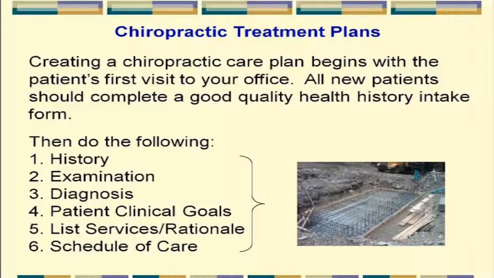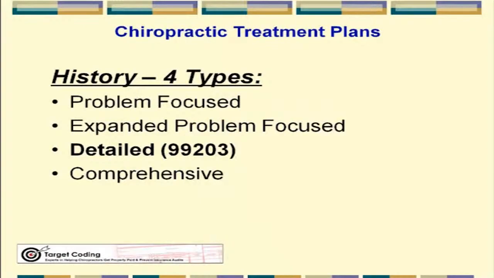So let's talk a little bit about the history. There are 4 levels: problem-focused, expanded problem-focused, detailed, and comprehensive. 99203 is the most commonly billed new patient CPT code, so let's talk about it a little bit. 99203 requires that you write down, either in your software, generated out of your documentation software, or if you're using forms and filling them out, at least 1 chief complaint, 4 HPIs, that's the history of present illness, similar to the OPQRST from chiropractic college.